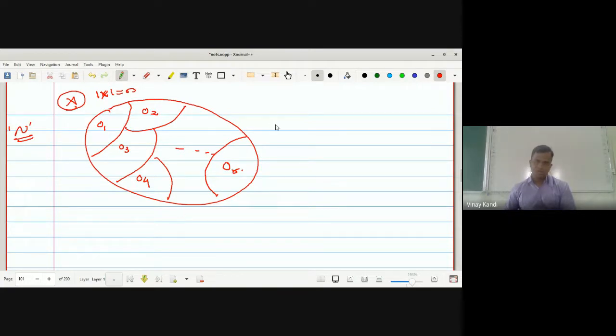Okay, what will be the nature of orbit 1? What is the set orbit 1? What is the nature of this set orbit 1? X belongs to capital X. Suppose x1 belongs to this set, an element x1 is in it.